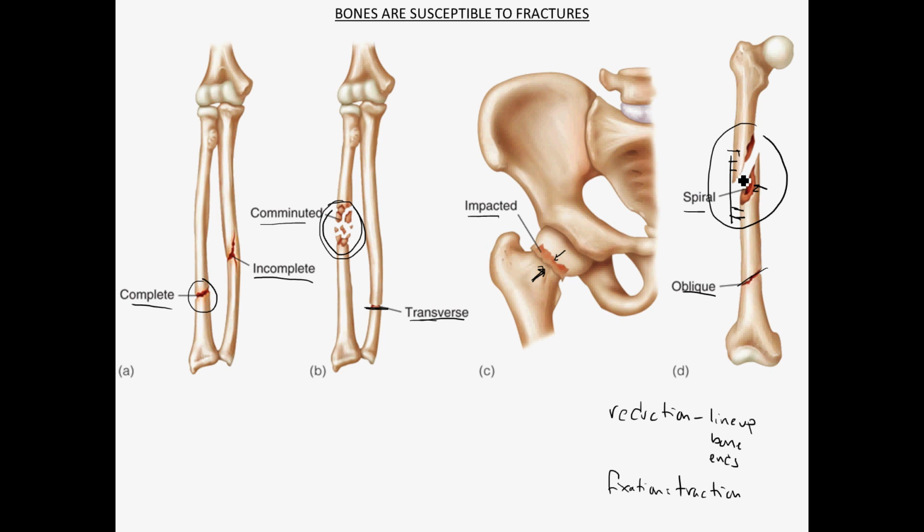Other times they will simply do what you see most often, and that is put, once they reduce that fracture, an external cast around the outside of the bone to hold that in place again. So the fixation can either be external, as in a cast, or internal, as in using plates and screws to hold those in place there.